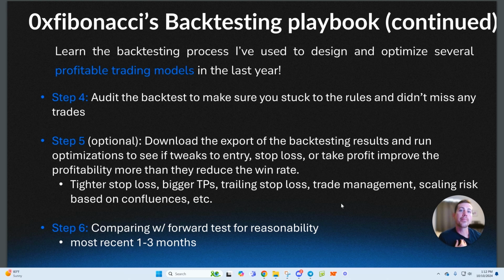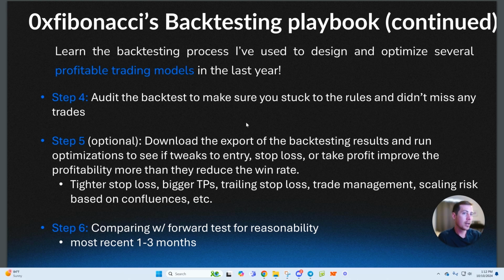And then this fifth step is something that I'm really excited to go over with you guys in future weeks. It's essentially an optimization process where I will download the export from FX Replay to Excel or Google Sheets. When I'm doing these backtests, I have all kinds of ideas in my head.